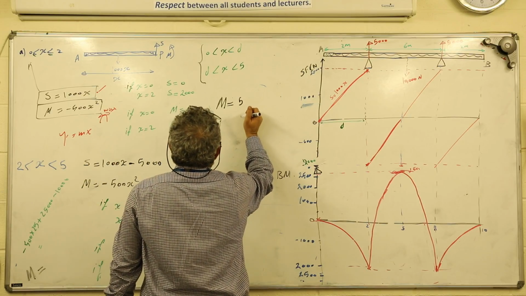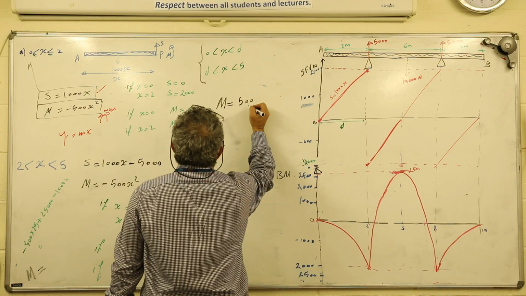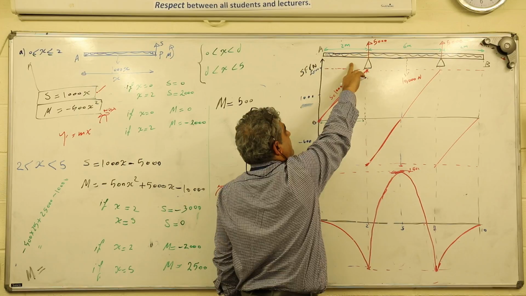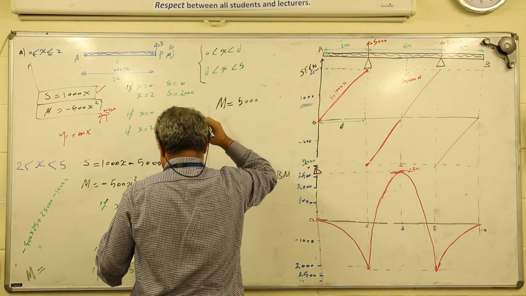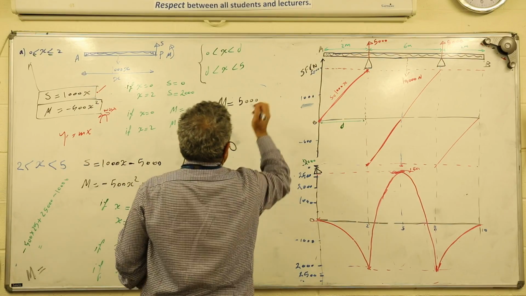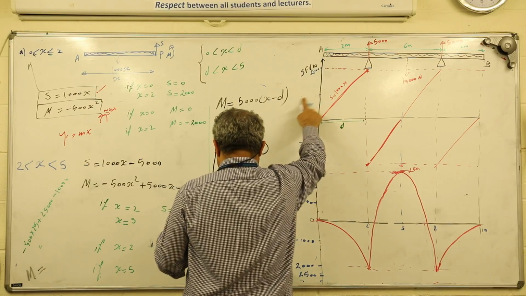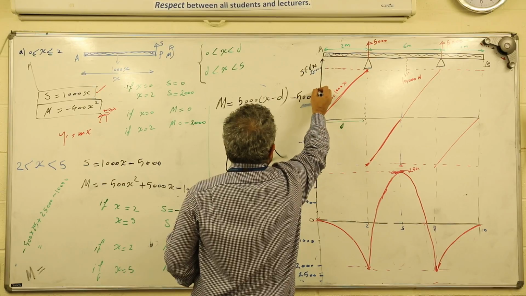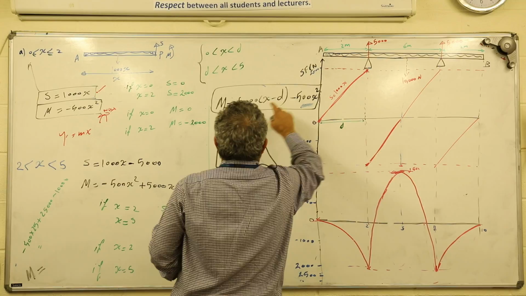If I make the equation with the d, 5,000, this is 2 meters, am I right? Yes. So 2 meters less than d would be 5,000. So it becomes x minus d, minus 5,000 x squared. That's going to be your equation. Just take it from here.